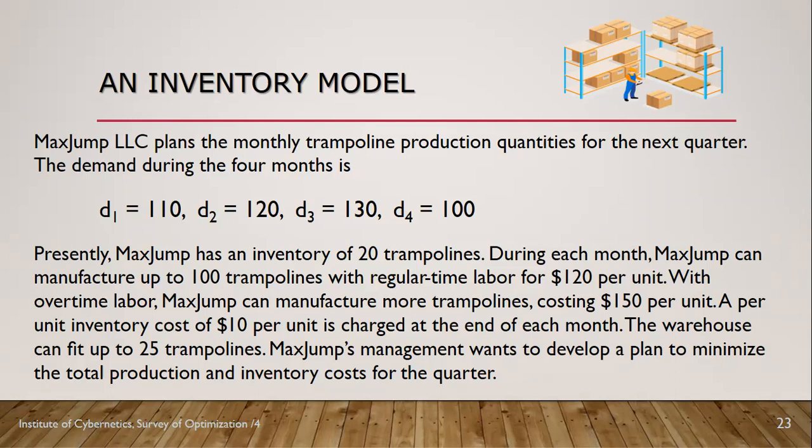For the first month, it is 110 units. For the second month, it is 120 units. For the third month, it is 130 units. And for the fourth month, it is 100 units.